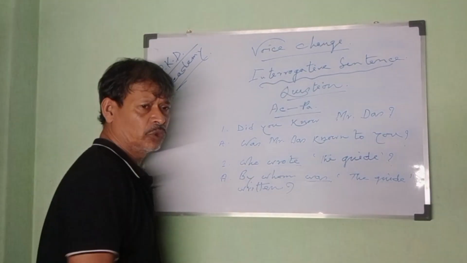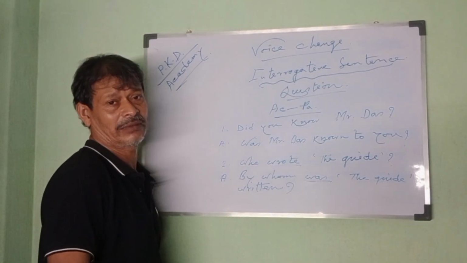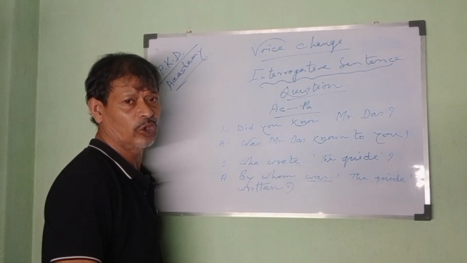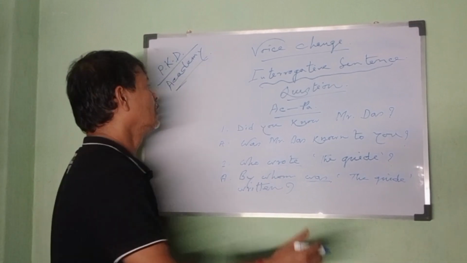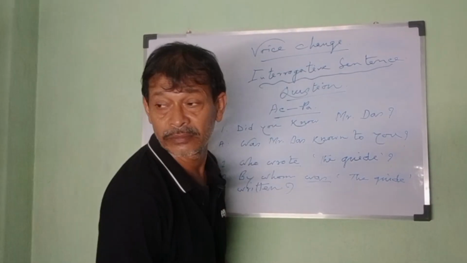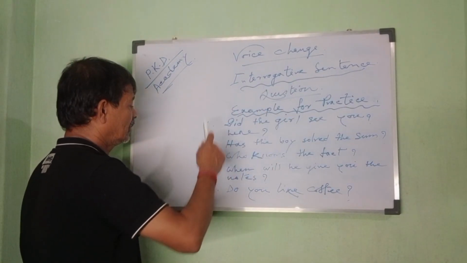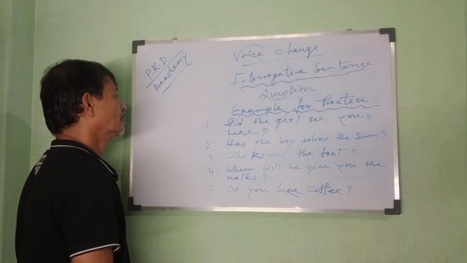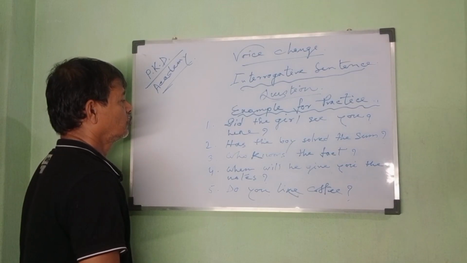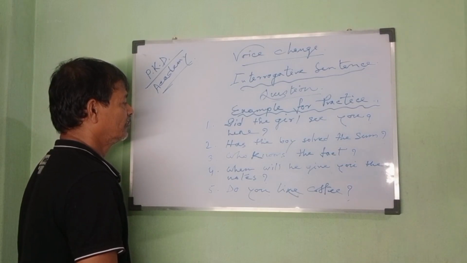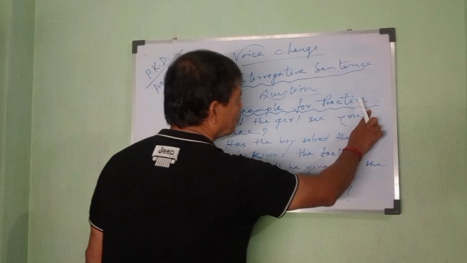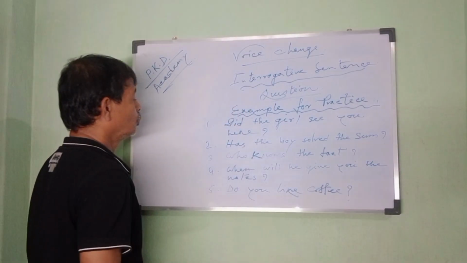So can I give you some examples? Yes, I'm ready to give you some examples. Follow and write it down in your copy. Okay, I am writing. Okay guys, I have given 5 examples only from interrogative sentence. The first one is, did the girl see you? Question marks.